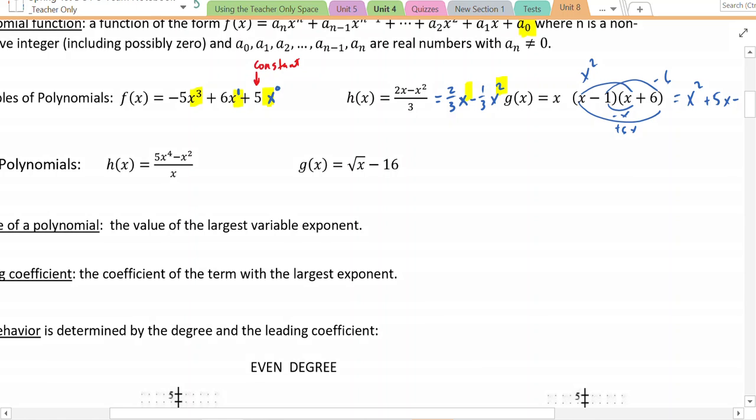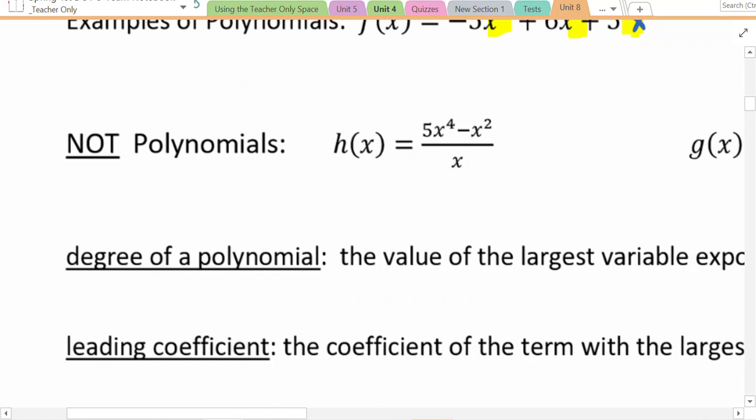Now, for the next non-polynomials, notice for this I am dividing by x, and I can't factor it out because if I factor it out, I've changed the function. I've removed the hole. So this doesn't count as a polynomial because we could rewrite this.